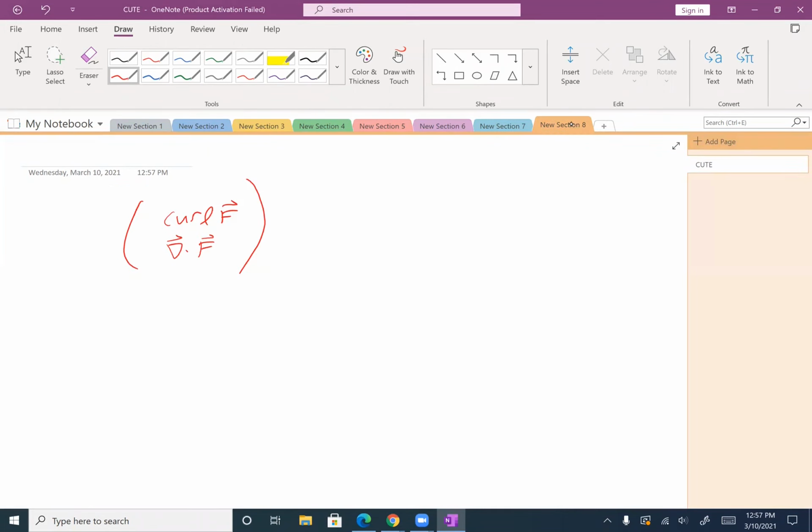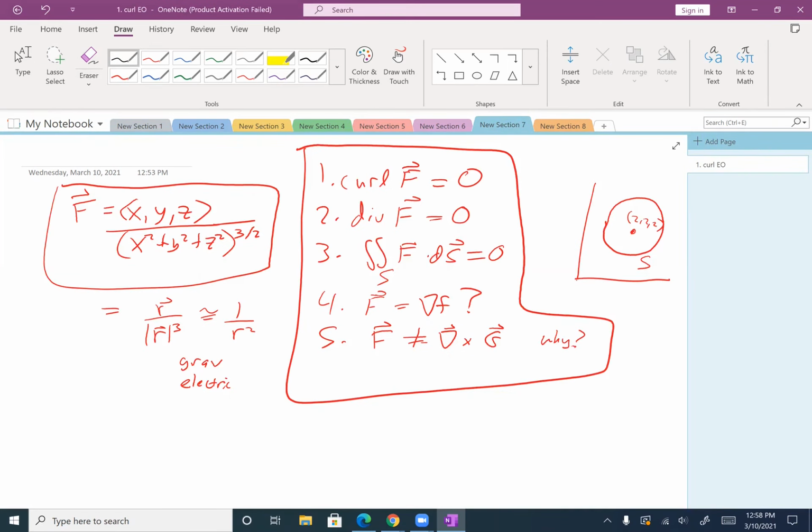Let's go to number 3 really quickly. So if we do f dot ds, then the key thing to notice is that the singularity is here, whereas this sphere here avoids the singularity.